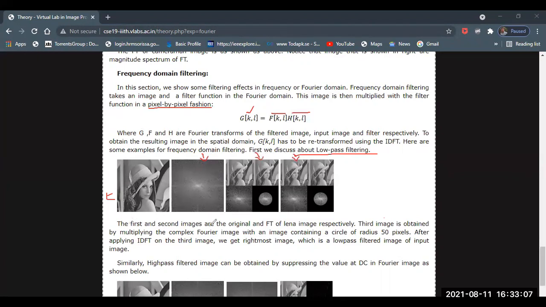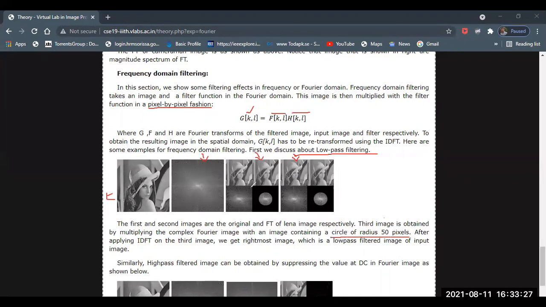The first and second images are the original and the FFT of Lena, as I already said. But the third is obtained by multiplying the complex Fourier image with an image containing a circle of radius 50 pixels.